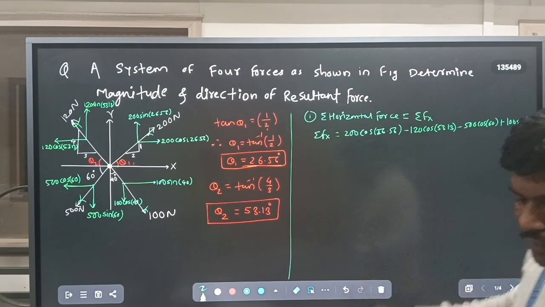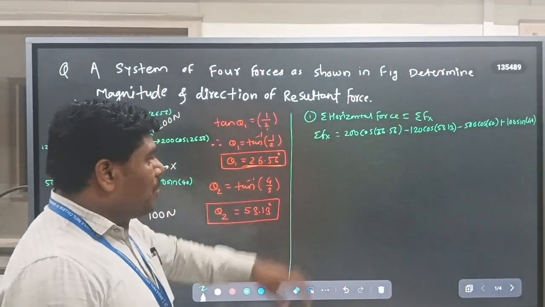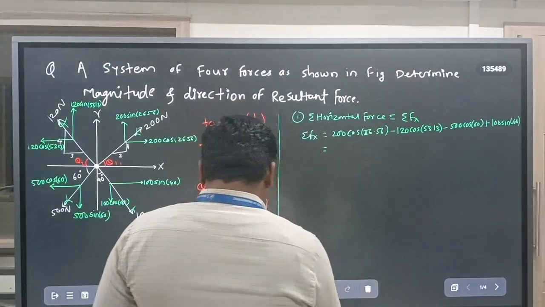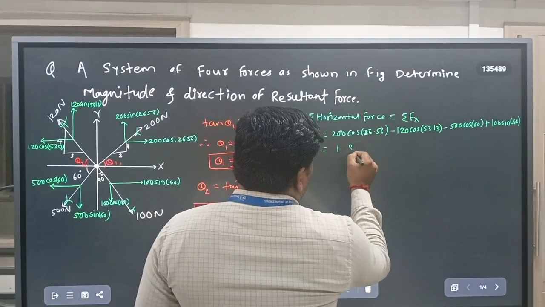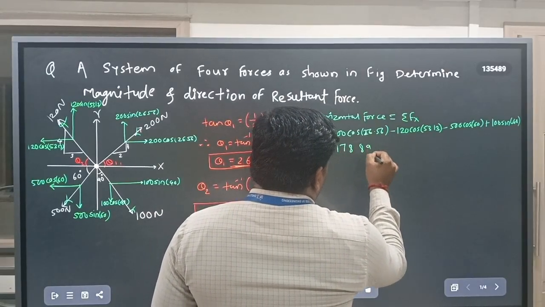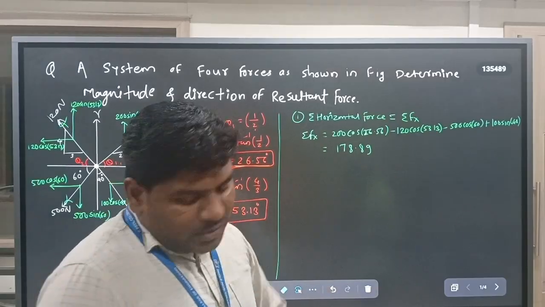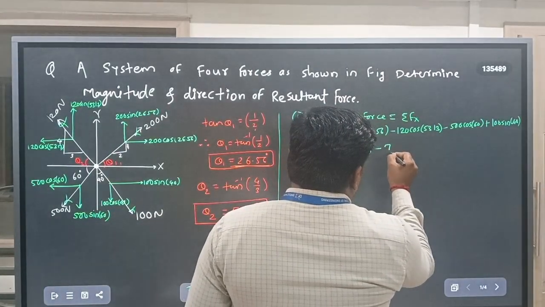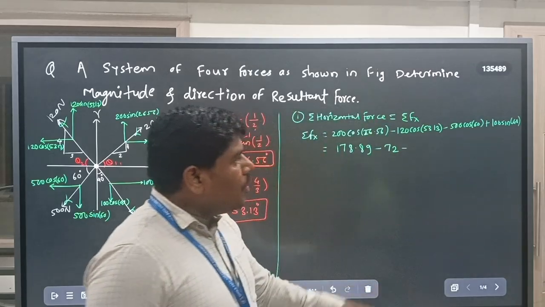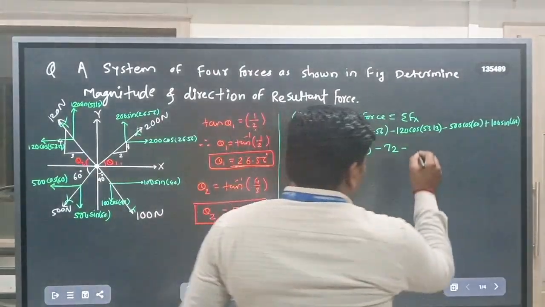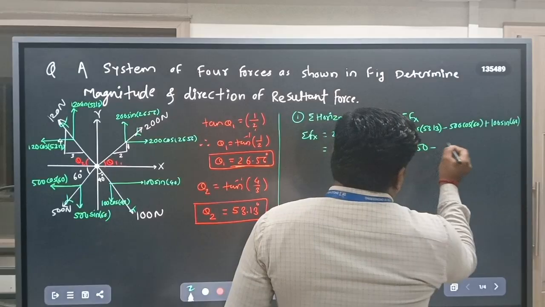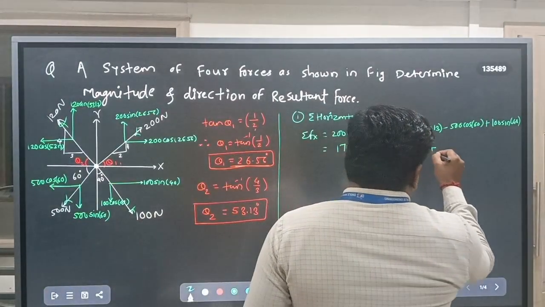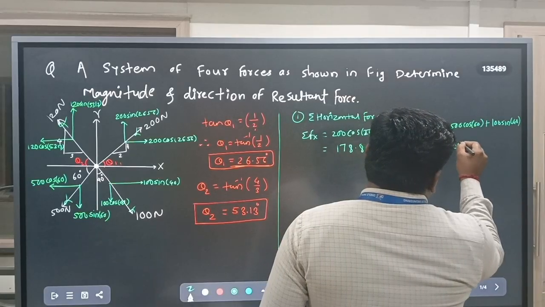Okay, now we have to make the calculations on calculator. It comes 178.89. 120 cos 53.13, that value comes 72. 500 cos 60, value is 250. And 100 sin 40, that value is 64.27.